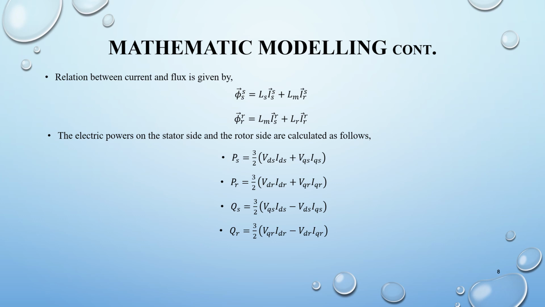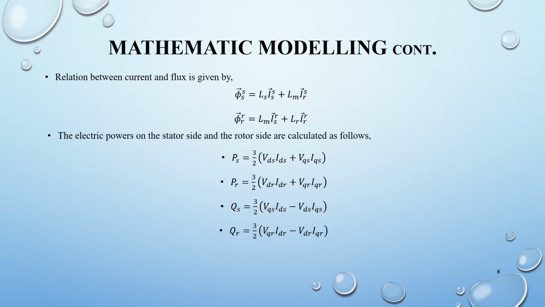Here Lr is equal to rotor inductance, Ls is equal to stator inductance, and the formula expresses the coordinates of the stator and rotor. Note that here s and r suggest the space vectors are known as a stator reference system and rotor reference system. The electric power on the stator side and the rotor side are calculated as follows.